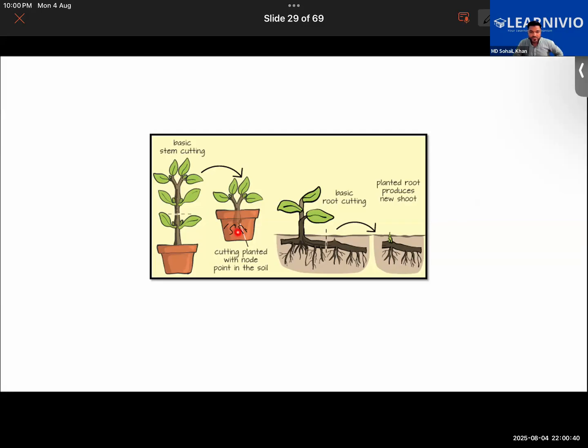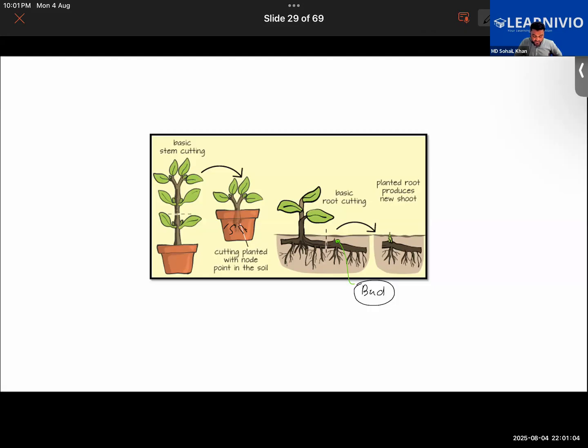Or suppose we have a root of the plant like this, and that root has buds on it. I have already said in the previous classes that these are the special tissues from which a new plant can grow.